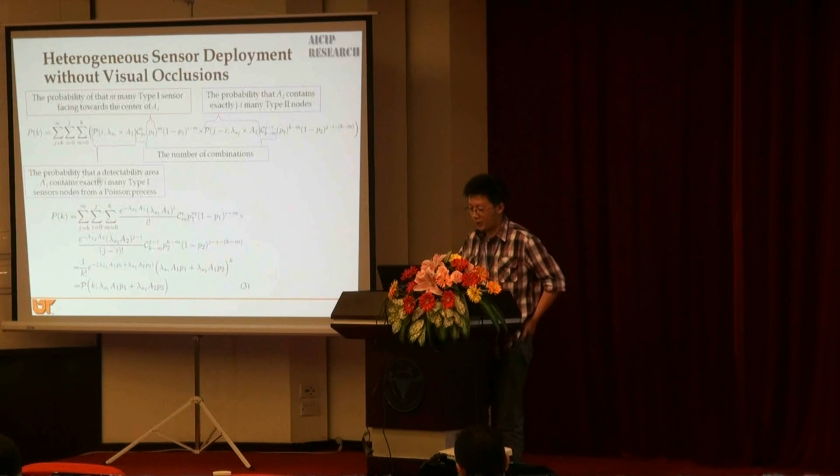This is the probability that a detectability area A1 contains exactly I many type 1 sensor nodes from a Poisson process. And C is the number of combinations, and P is the probability that M1 or N2 are facing towards the center of A.